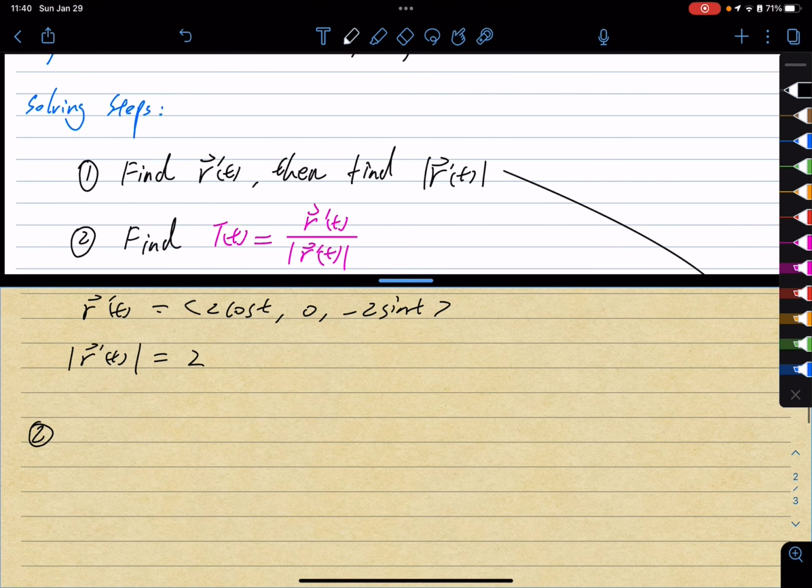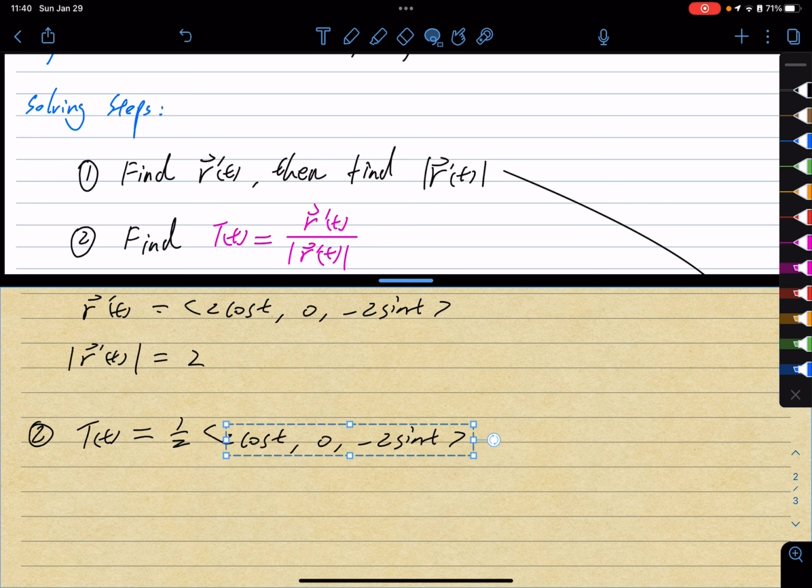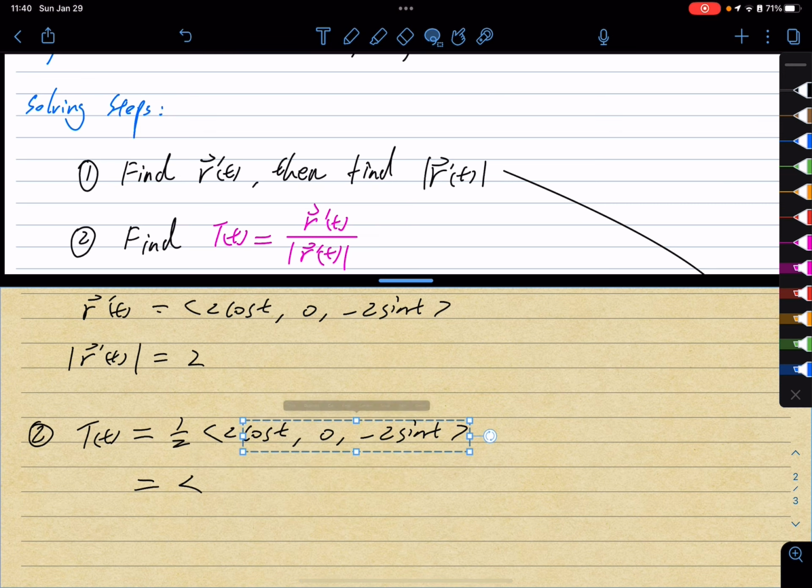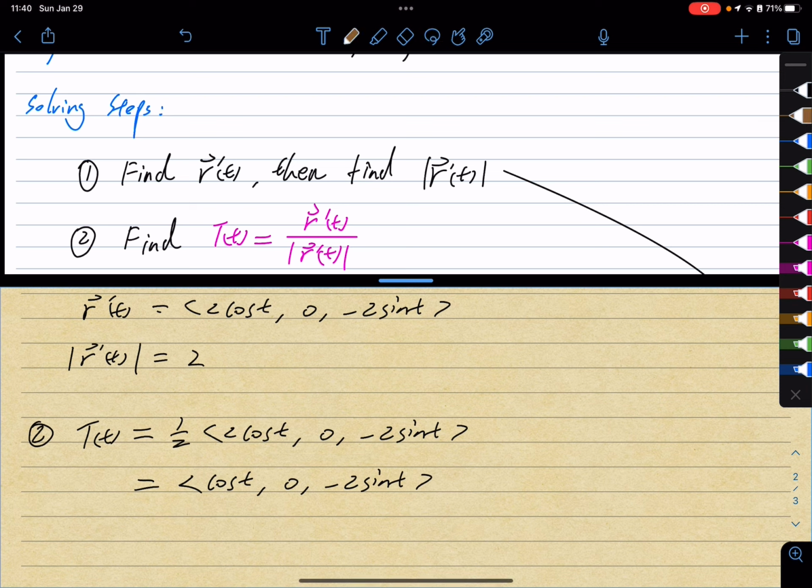So we can find the unit tangent vector really easily by just plugging it in, which is 1/2 of this vector, equals, taking the 2 apart, we're canceling the 2, and then we're going to end up like that. Easy enough.